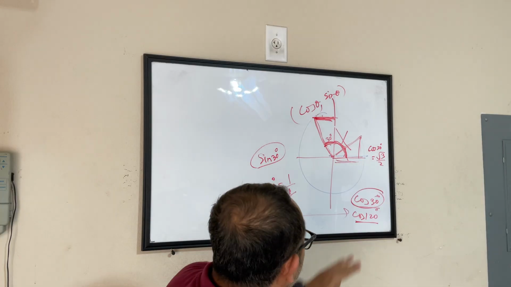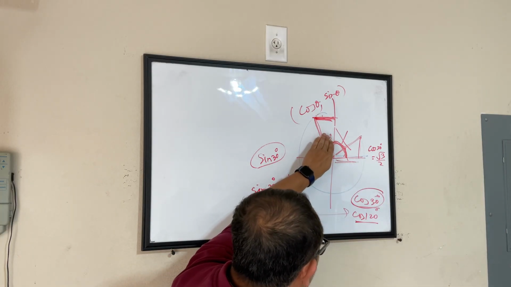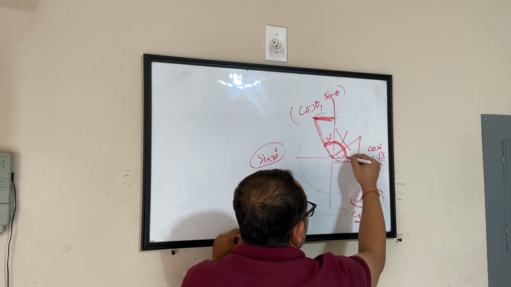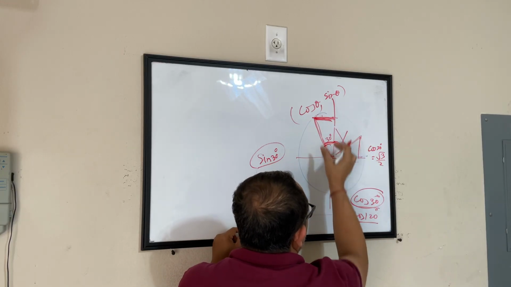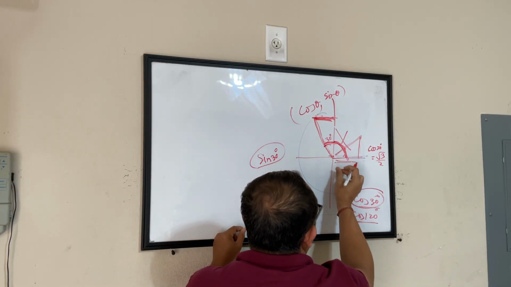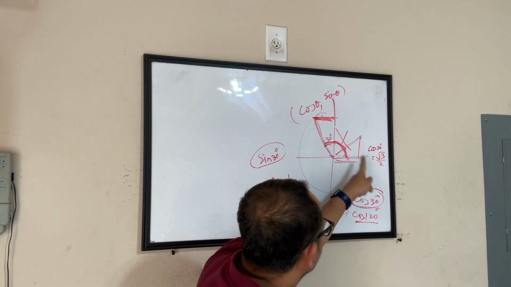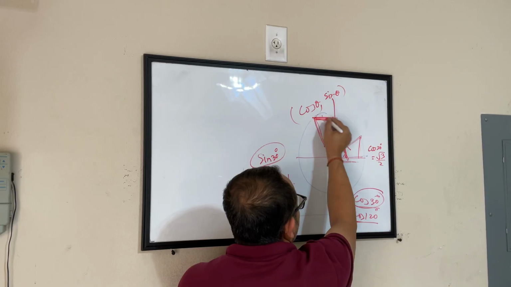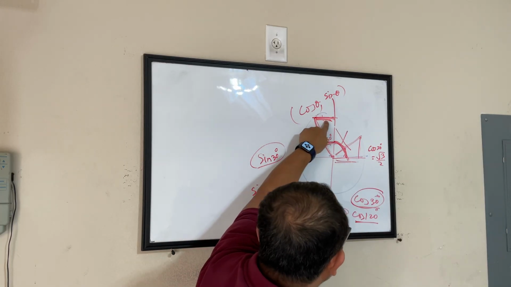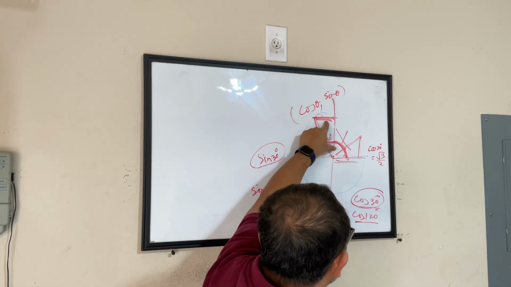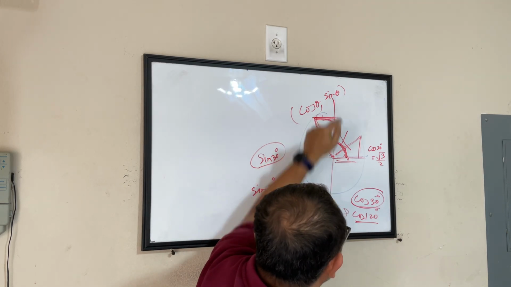So what did I do? I have just drawn 120 degree and I found out where it meets. 90 part I ignored, 30 is what I see here. This is my right angle triangle. If I have to find out the horizontal distance, because cos theta always gives me horizontal distance, I have to find out this length. If I am using this angle for my calculation, this is sine of 30 degree.